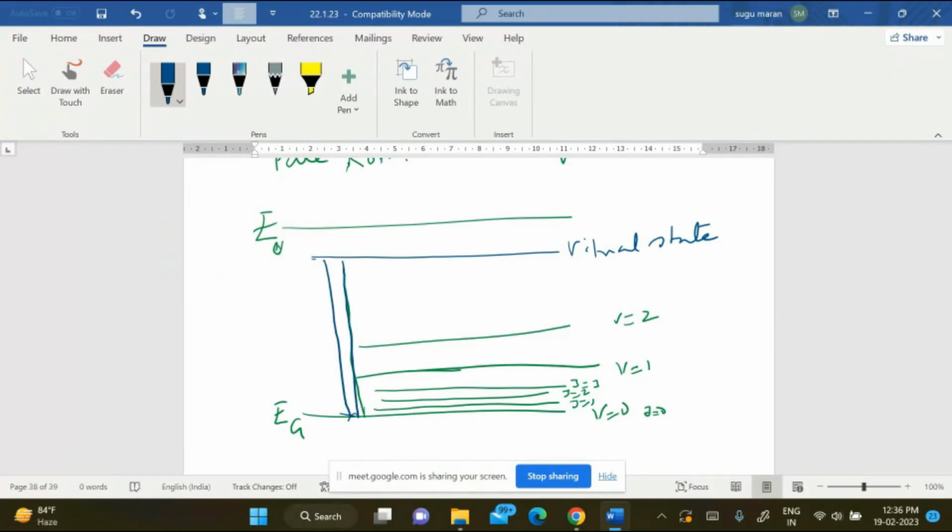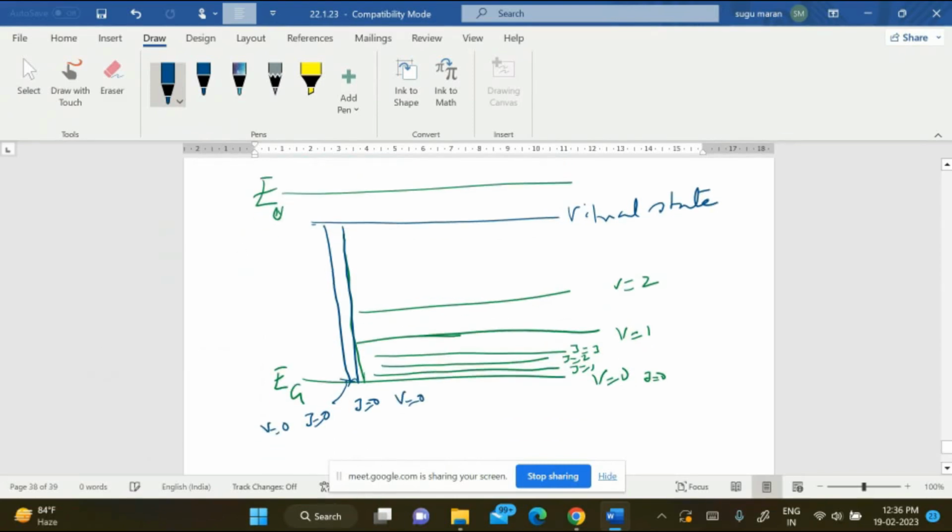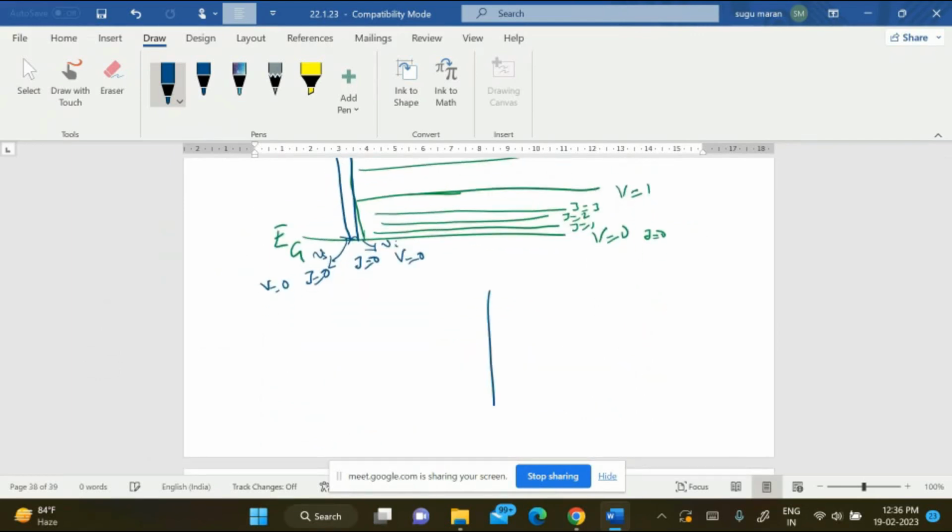That is, from J0 the scattered radiation is also J0. So V is equal to 0 for both. This is my scattered radiation, this is my incident radiation. So this is your Rayleigh scattering, right?